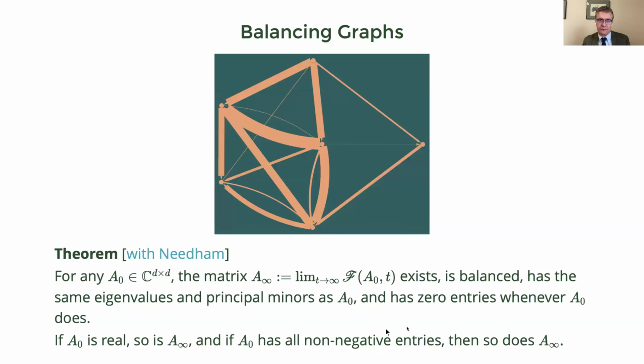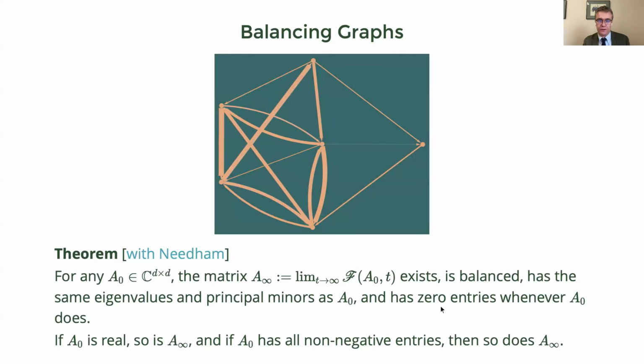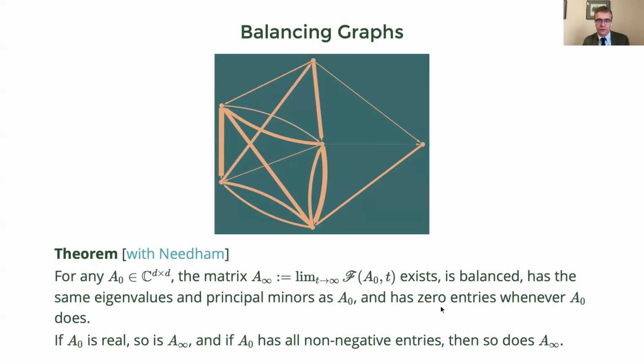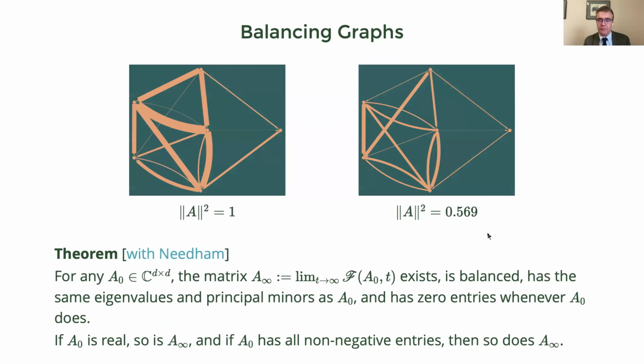And here are some pictures. There's a flow: starting with this graph, you run this flow and you get to that balance. If you look now, the weights are all balanced at each of these vertices. One bad thing about this is that I've actually decreased the total weight on the edges. I normalized it so that the initial weights sum to 1, and at the end, the weights only sum to 0.569.